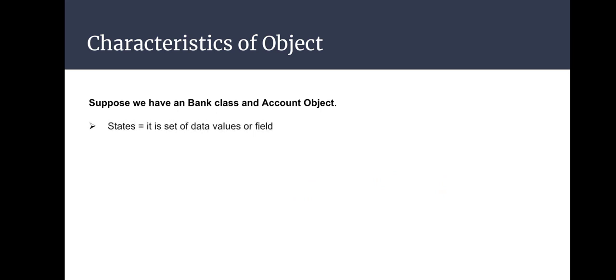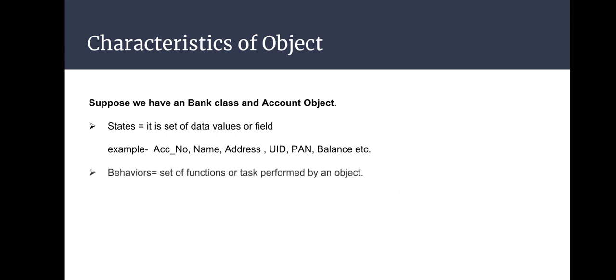Next are the characteristics of an object. Suppose we have a bank class and an account object. In that case, state is a set of data values or fields. For example, suppose we have an account, then the attributes of the account are account number, name, address, UID, PAN, balance, etc. And behavior means the set of functions or tasks performed by an object.